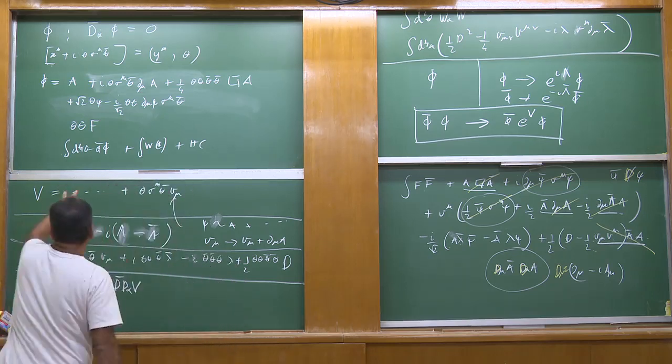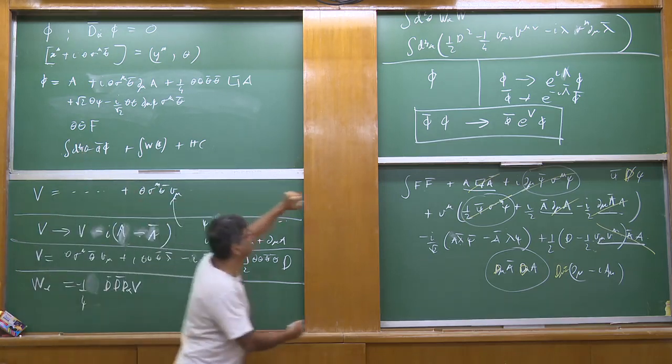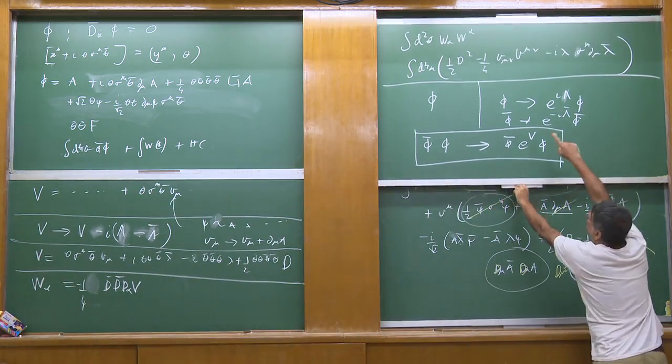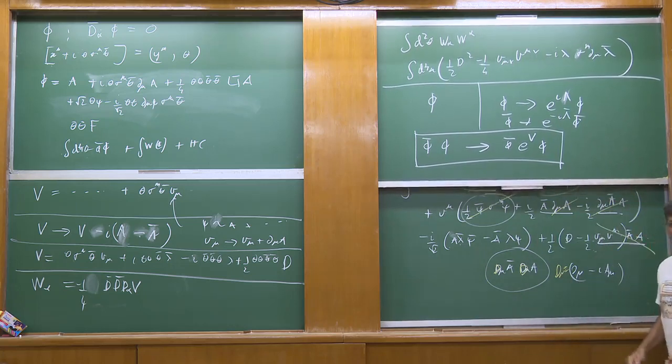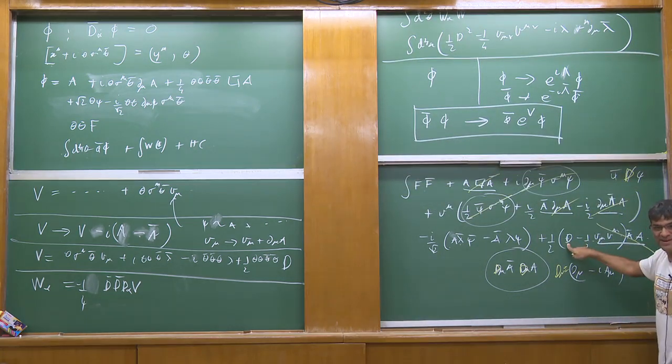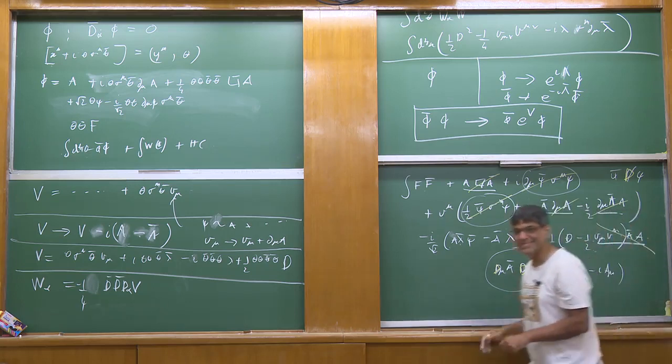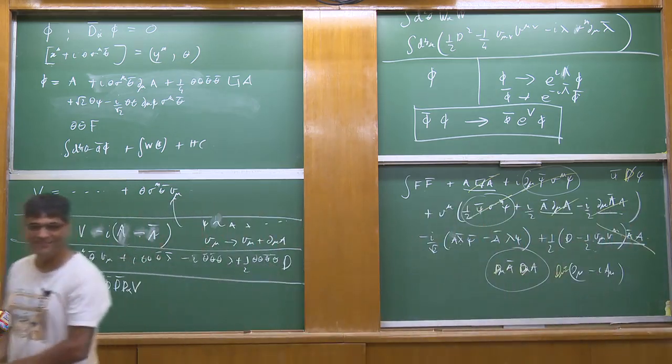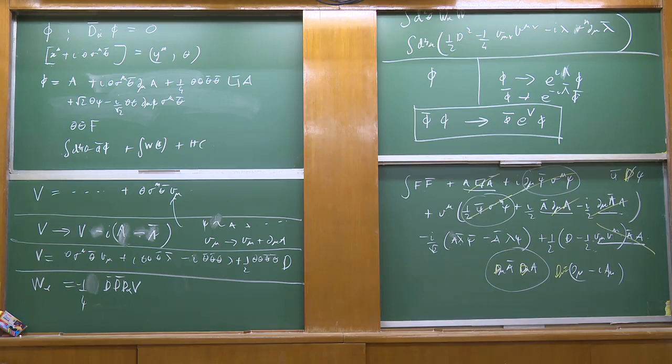So to this, we need to add what we got from there. Now what we got from there includes the D squared. So when we integrate out that D, we're going to get a potential which is, in this case, like a bar a, the whole thing squared. A phi to the 4 potential. That is also forced on us by supersymmetry.